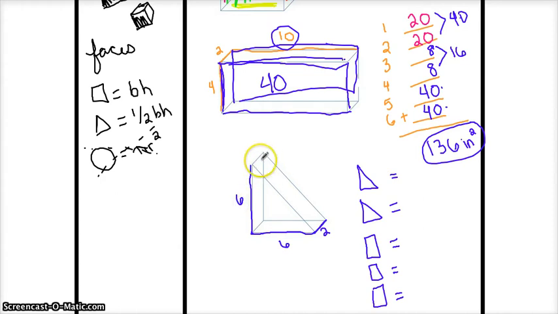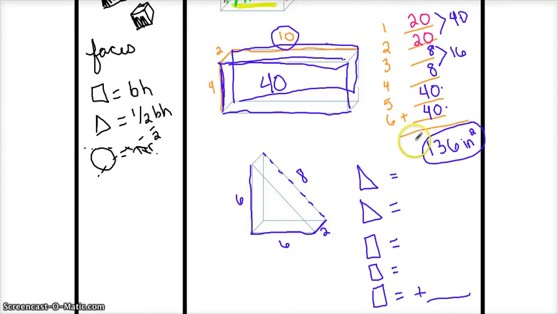And then this dotted line is going to be 8. So take a moment and find the surface areas of each of these shapes on this triangular prism, and then add them all up and see what you get for your final answer. I'm going to do it as well, and you can check your work.